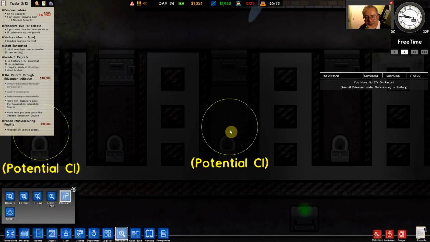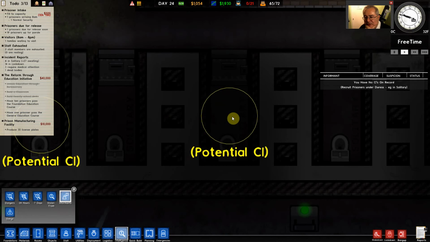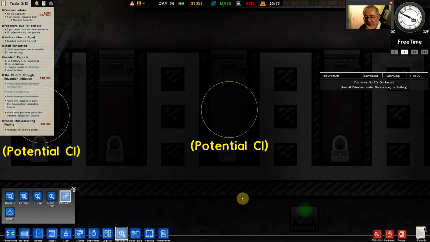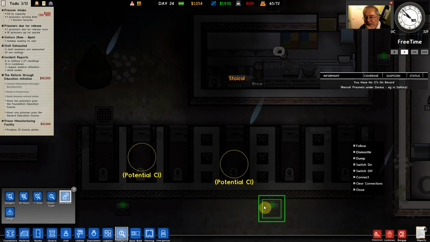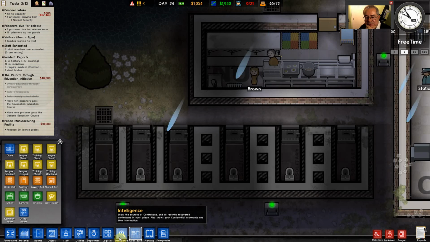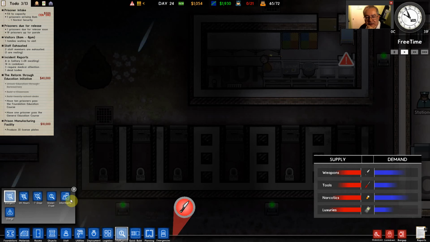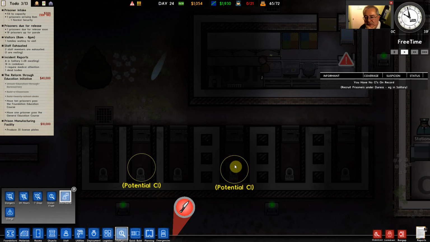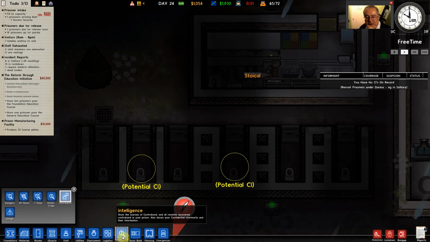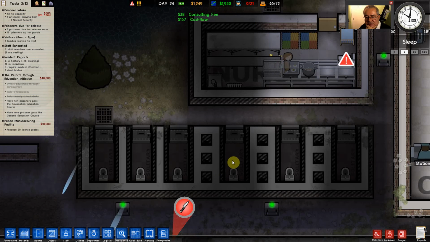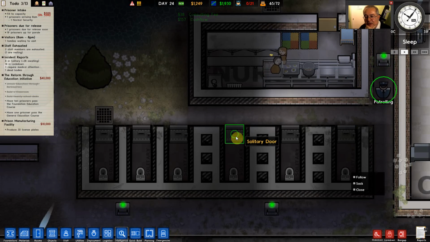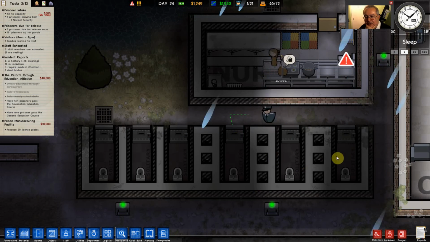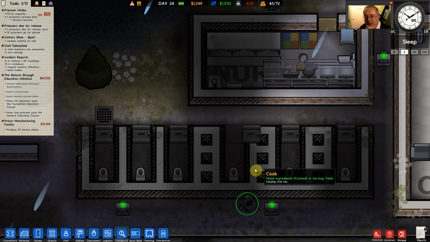That's the arcades that I put in the common room. I'm not able to click anything. Hang on. Go somewhere else. Come back. Informant potential. That's because I can't see in the cell, I suppose. If I could send him there. Can I now see?